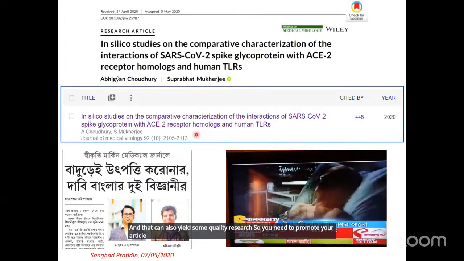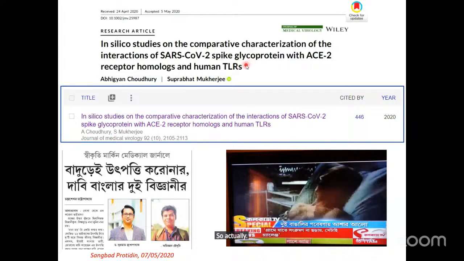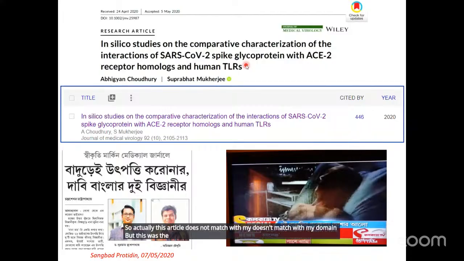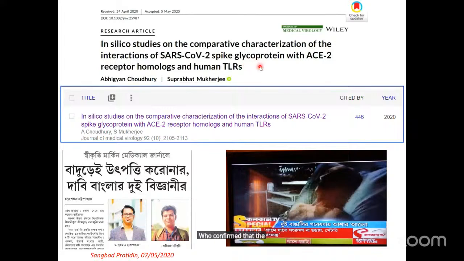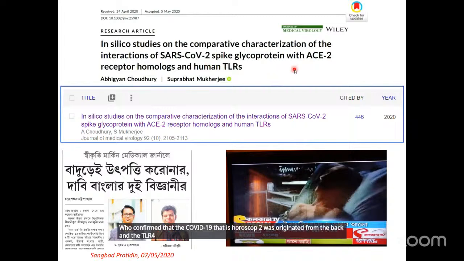You see that this is a very old article. I published this work during COVID. This article does not match with my domain, but this was the first contribution by any researcher in the world which confirmed that SARS-CoV-2 originated from the bat, and that TLR4 is responsible for induction of the inflammatory consequences in SARS-CoV-2 infection.